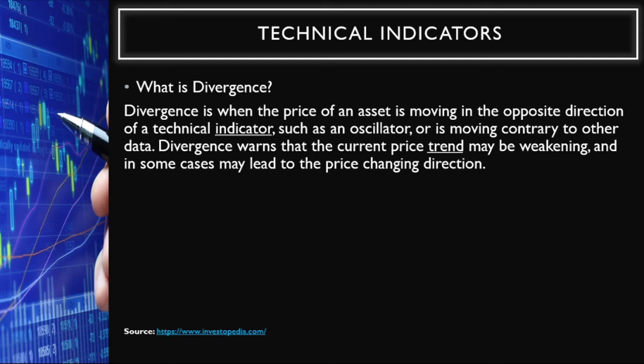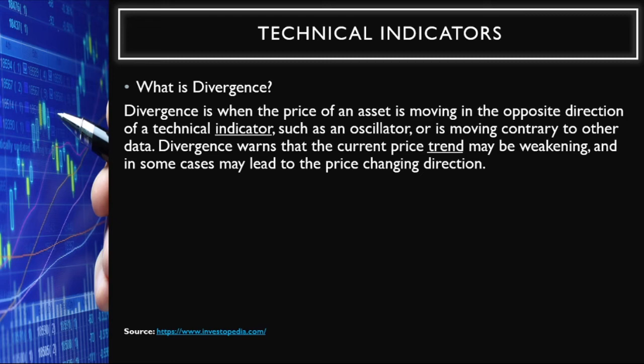Ibig sabihin, yung trend ngayon humihina. Di ba? Ibig sabihin, kung naka-bearish tayo, short tayo, ating trend is pababa. Kapag nakita mo na may divergence, yung oscillators mo paakyat, it's an indication that the current price trend may be weakening.